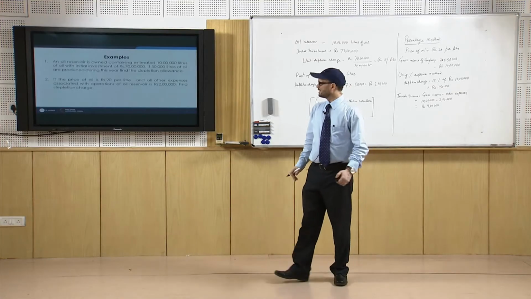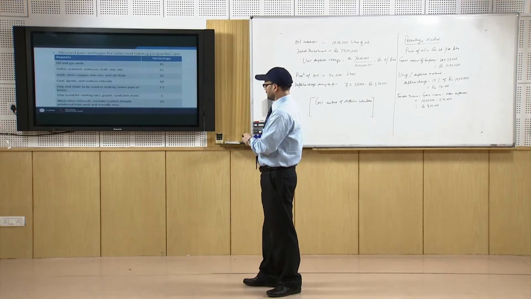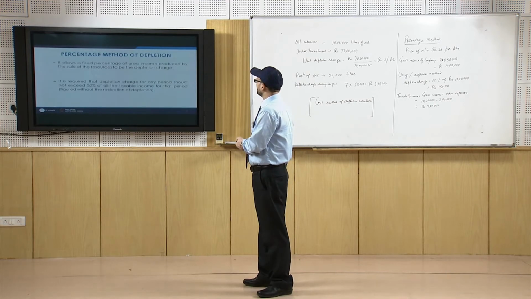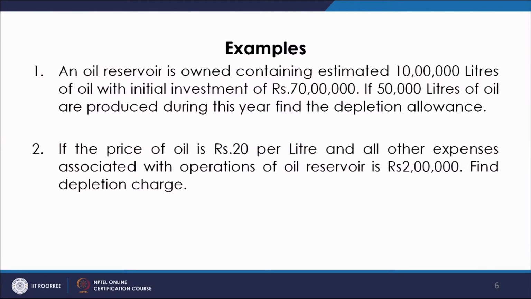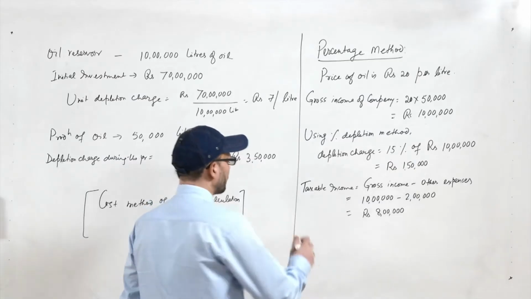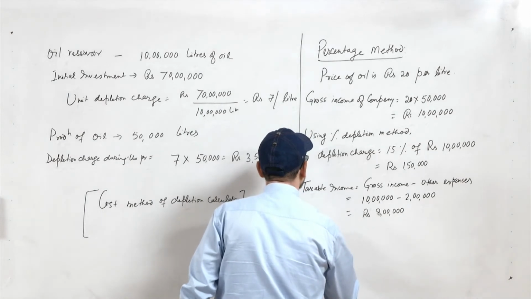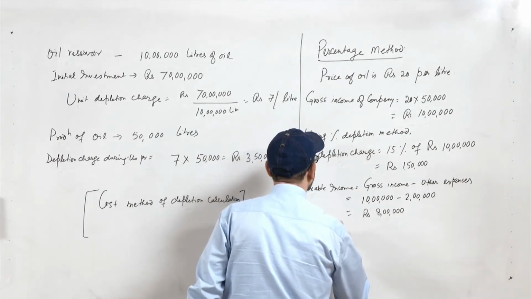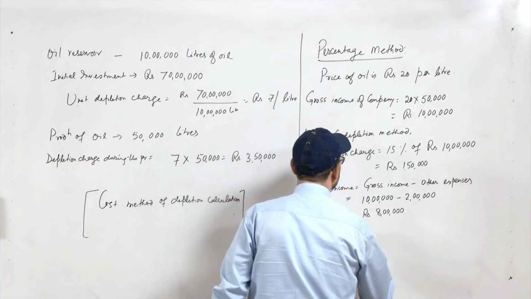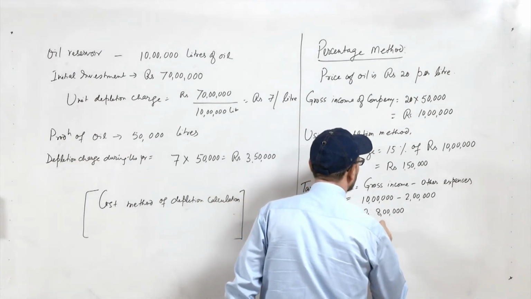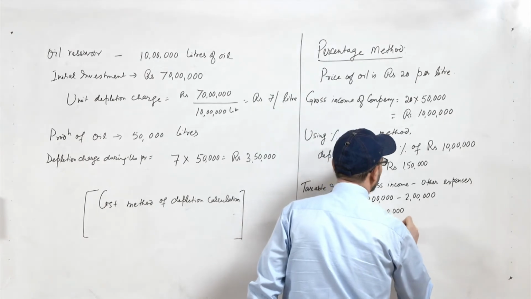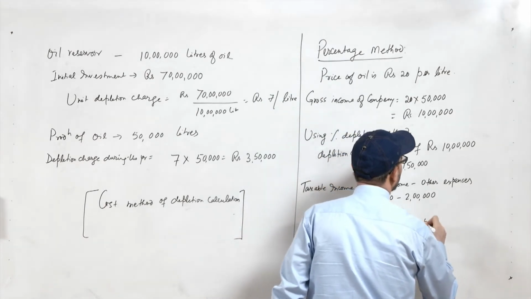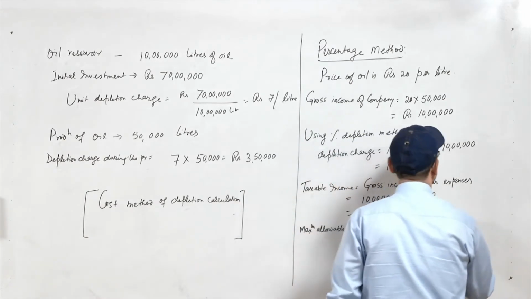Now, the condition is that the depletion charge for any period should not exceed 50% of the taxable income. So, since your taxable income is 8 lakh, the maximum allowable depletion allowance will be 50% of taxable income.